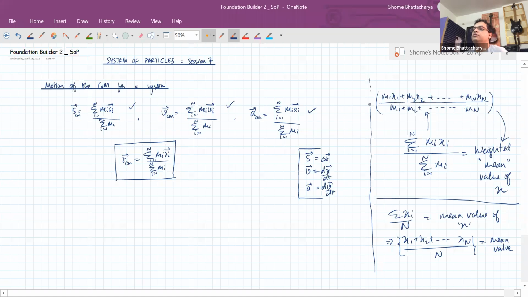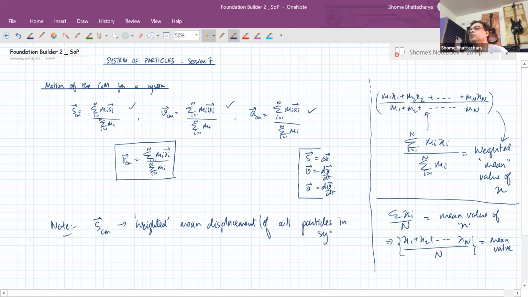So if we say in words, we can say that displacement of center of mass is the weighted mean displacement of all particles in the system.